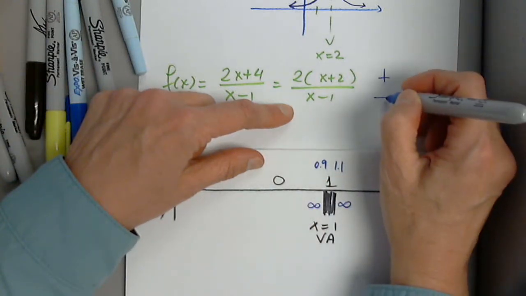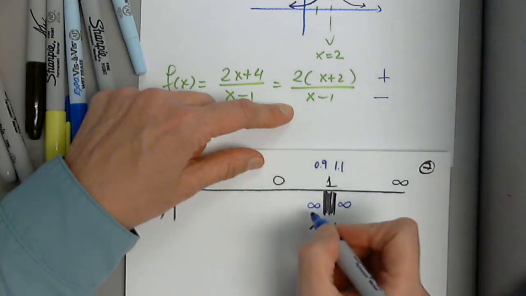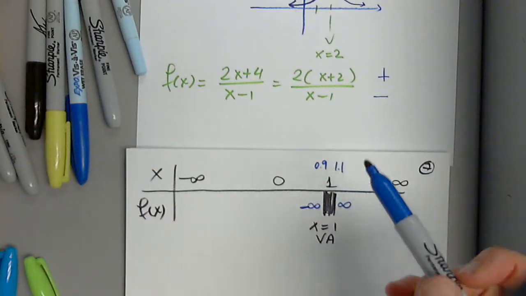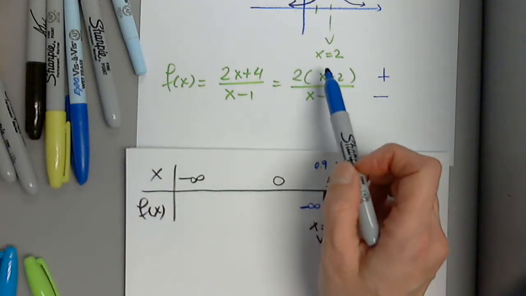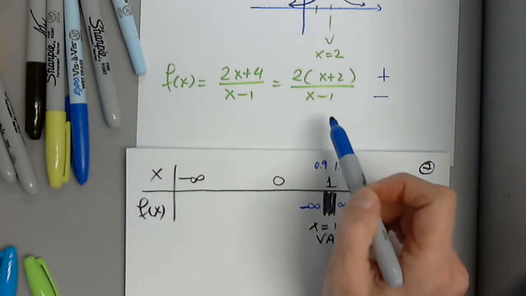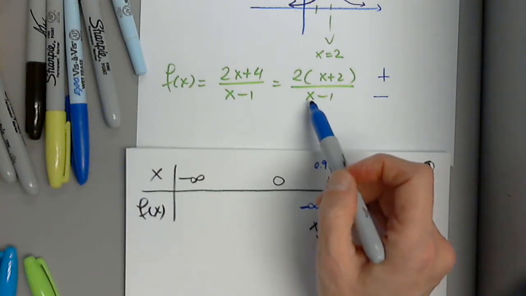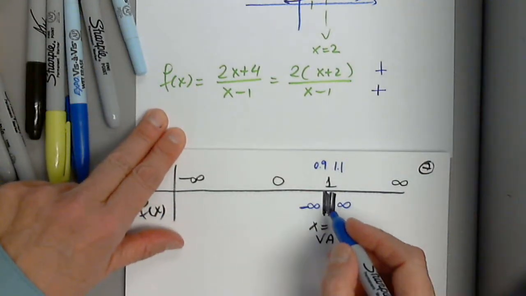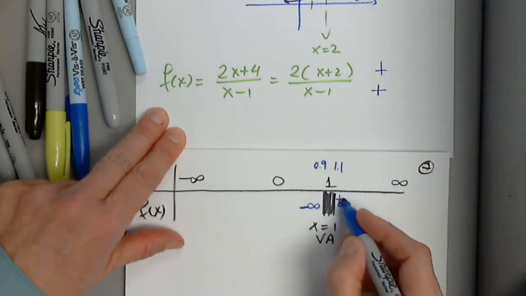Positive over negative, done. I'm replacing 1.1 now. What is the sign of the top when I replace x by 1.1? What do I get in the denominator when I replace x by 1.1? So what will be the sign on the right-hand side of this asymptote? Awesome. Great.